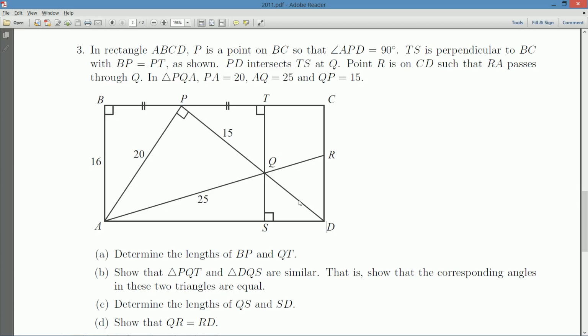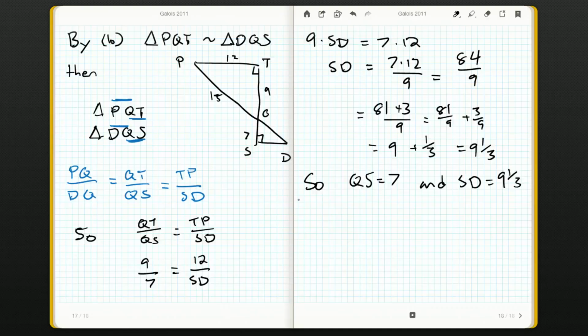Just trying to think of a way to actually show it. Well, let's do both of them.